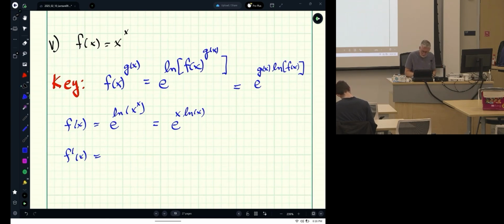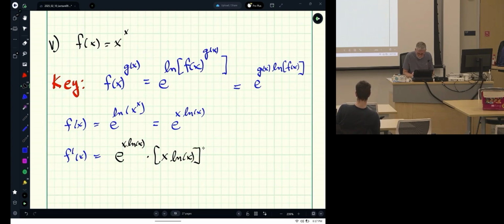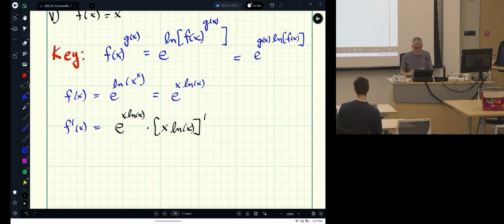So we differentiate the exponential, which is just the same function, and we plug in. Then we have to do the derivative of x log of x. Okay, so that's just the chain rule.